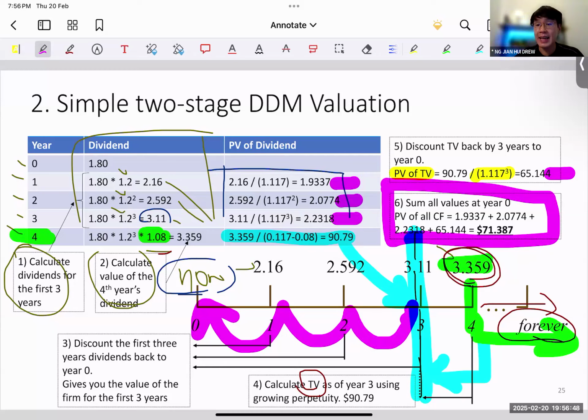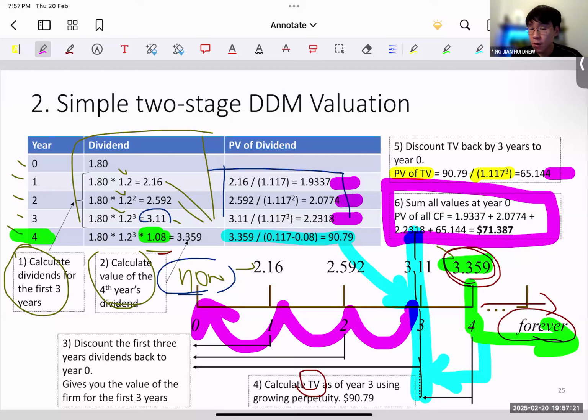Chances are they determined this growth rate of 5% using their internal models and internal information that you probably do not have. Then you can just ignore the retention ratio and use the growth rate that they have committed to set. Because chances are they have insider information, which is why they're able to determine the growth rate. If you use the retention ratio or the sustainable growth rate, your answer might be quite different. So if they have set a growth rate, use their growth rate.